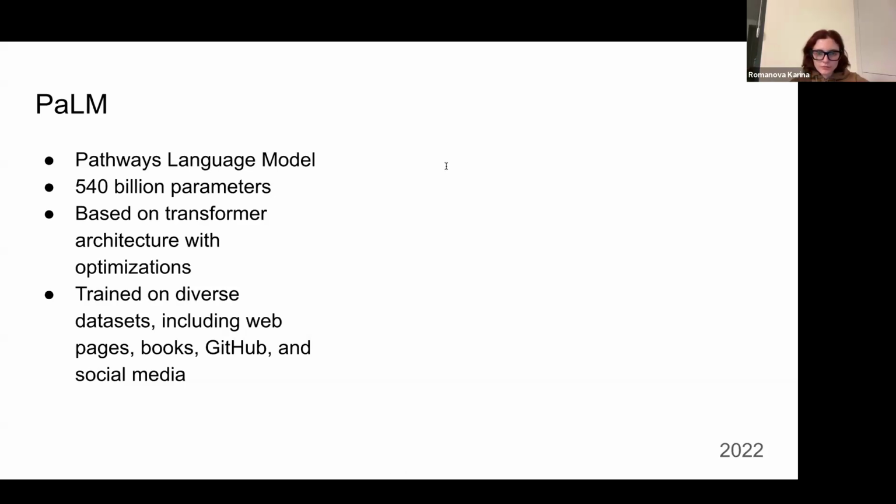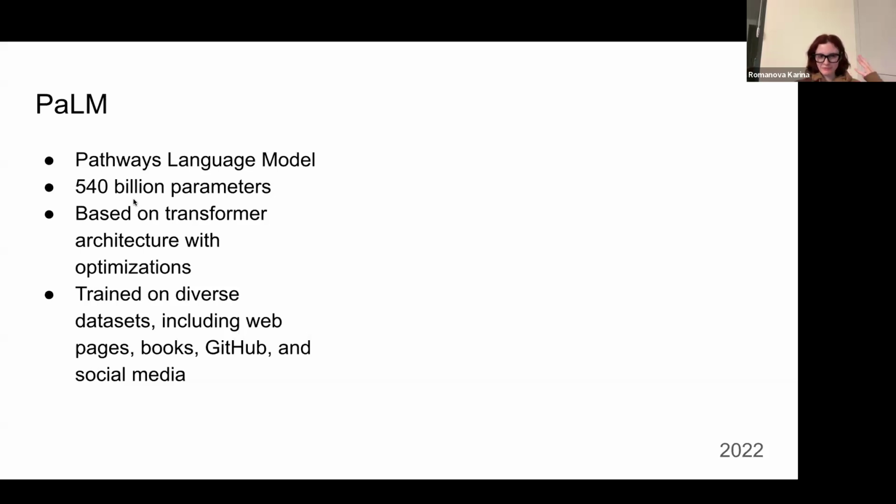And the next architecture is PaLM. The long name of this model is Pathways Language Model. PaLM is a major innovation by Google, consisting of up to, as we can see here, 540 billion parameters.